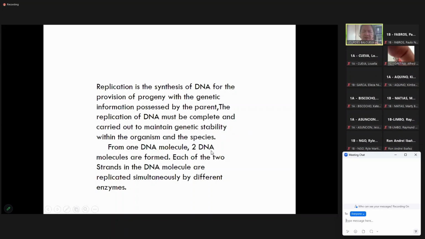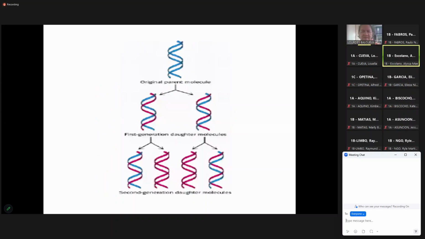From one DNA molecule, two DNA molecules are formed, and each of the two strands of the DNA molecule is replicated simultaneously, but by different enzymes. Okay. So this is how it goes. Just raise your hands if you have any questions.